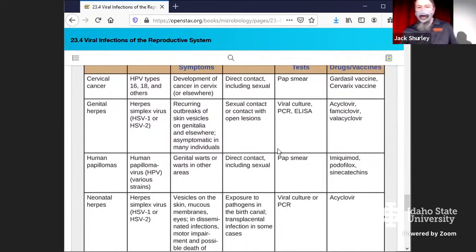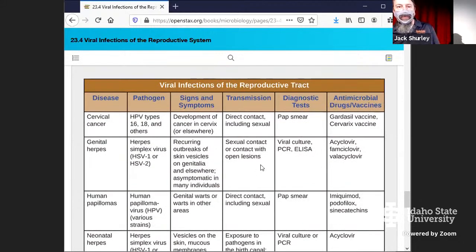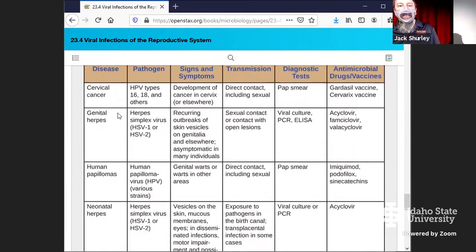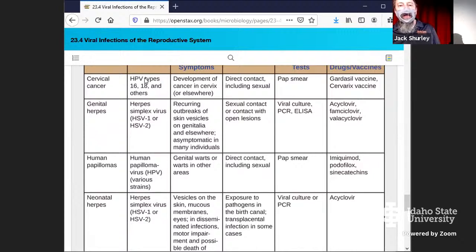So initially with this, the disease cervical cancer, with HPV, the human papillomavirus, and again, like I said, numerous types, 16 and 18 are the most common types that result in cervical cancers.